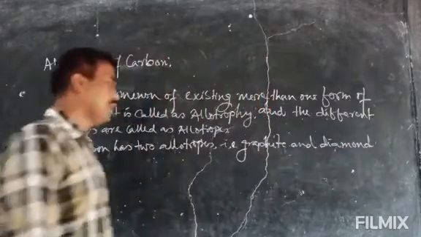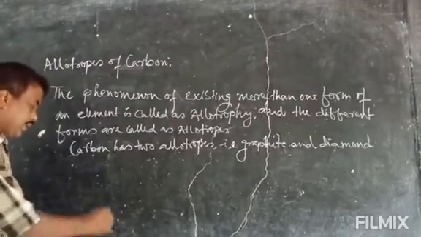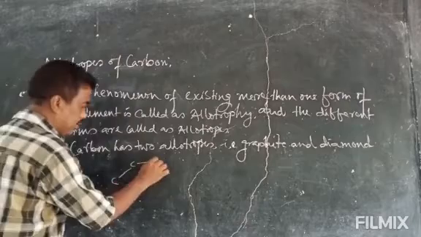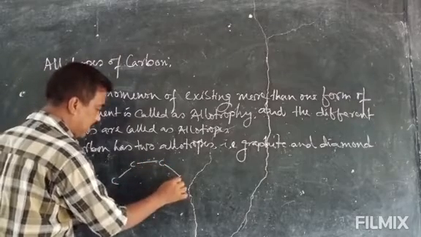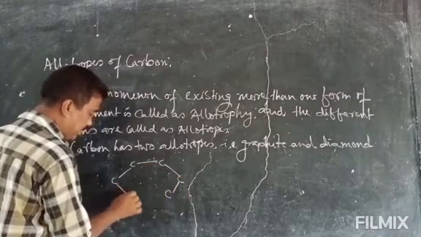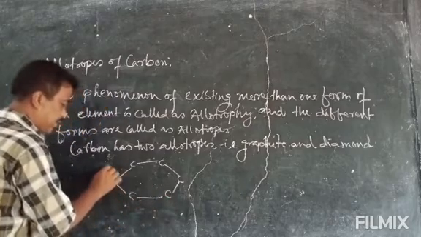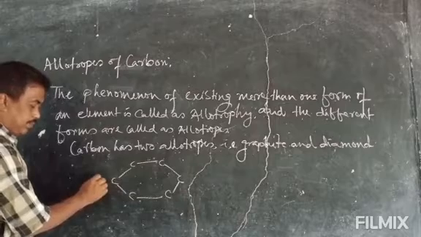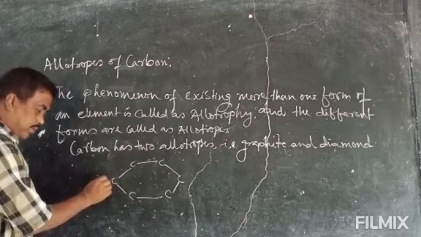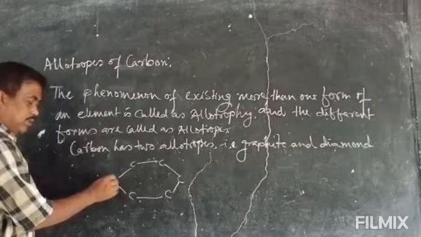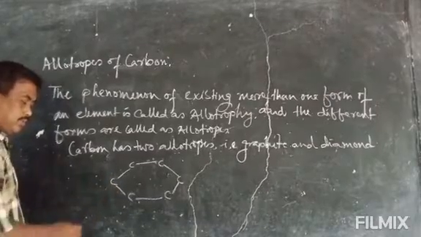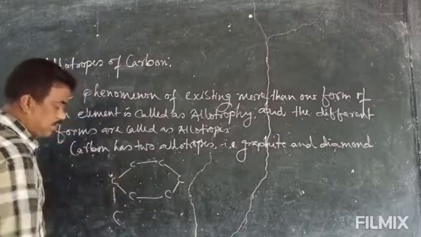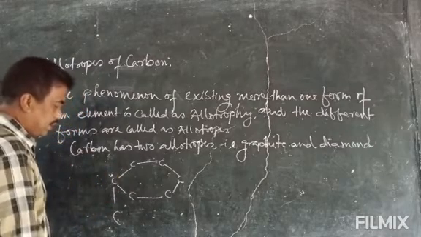In the case of graphite, the 6 carbon atoms are hexagonally joined to each other, so that one carbon atom will have one free electron.